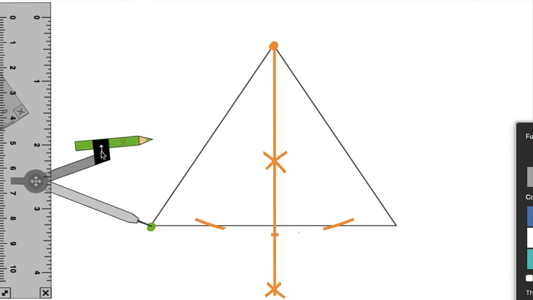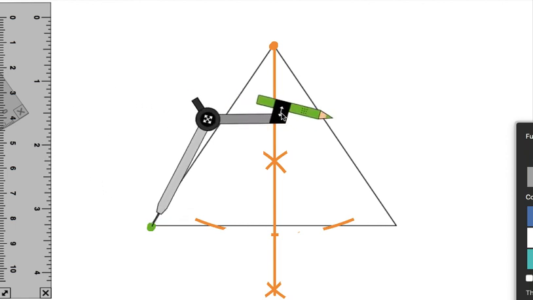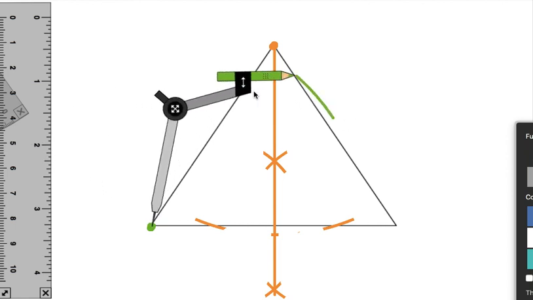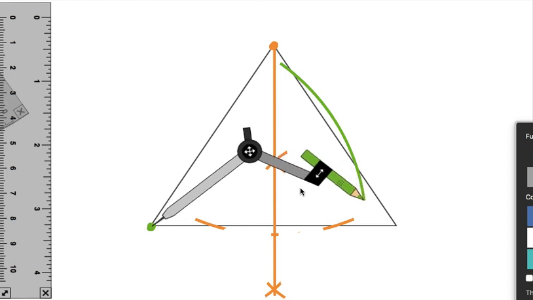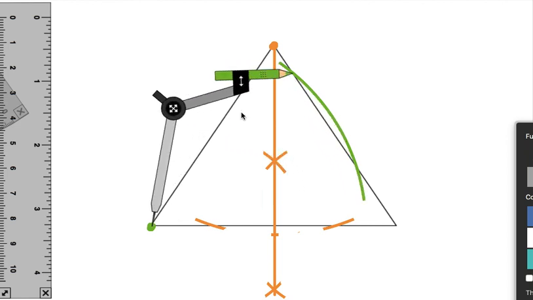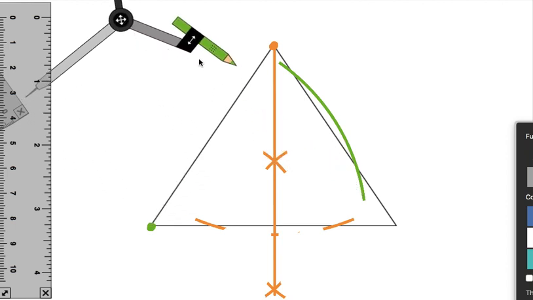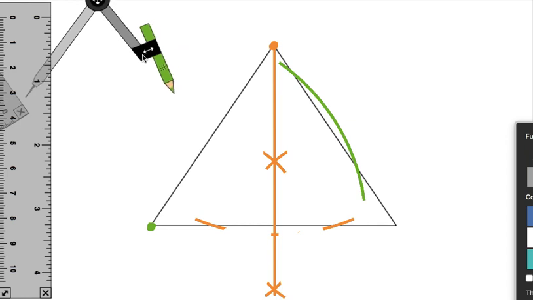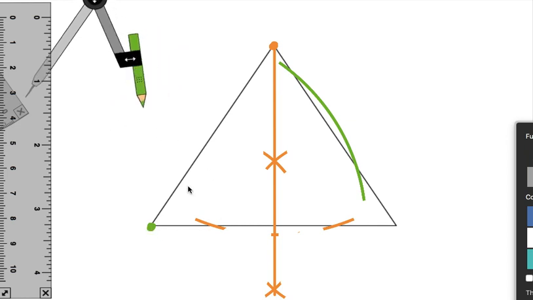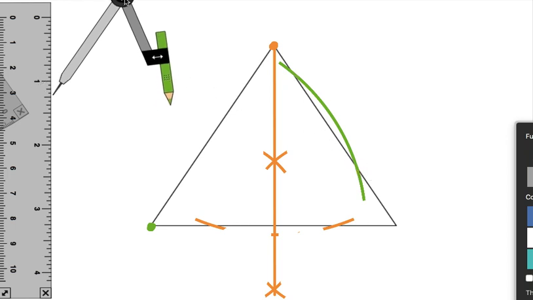And I want to take my compass so that it's over the line and strike an arc. Alright, so this arc is not quite in the center of this one, so it might not be an equilateral triangle exactly. So once I have this arc, those are the 2 endpoints I'm looking at to do my perpendicular bisector.